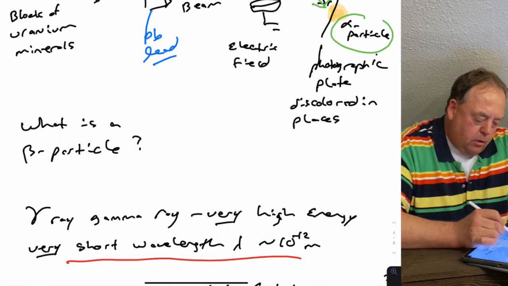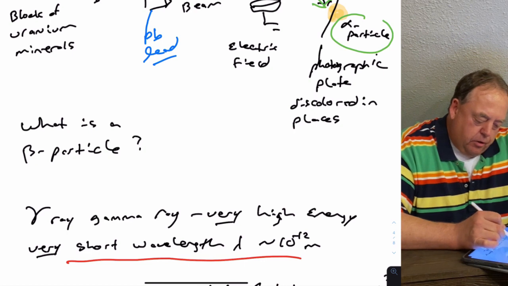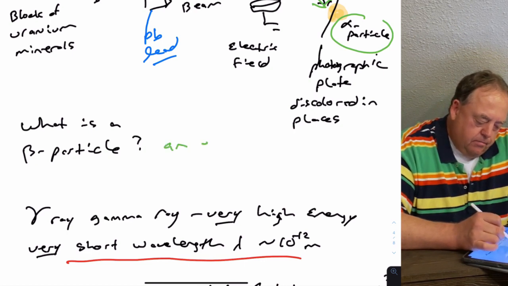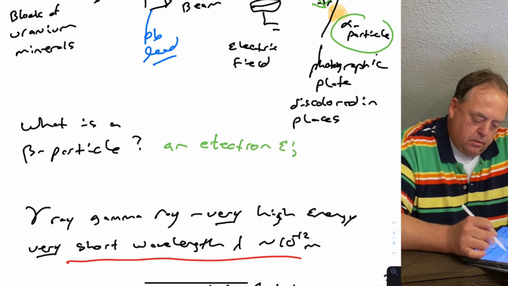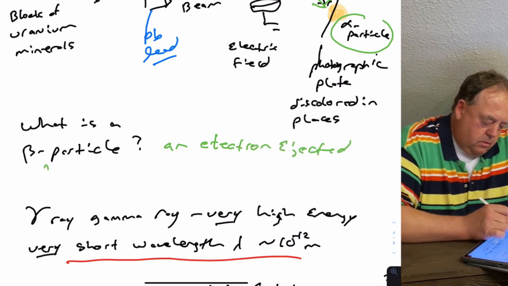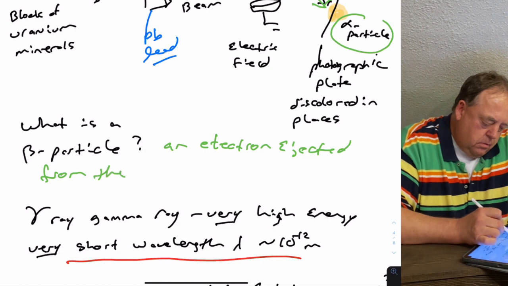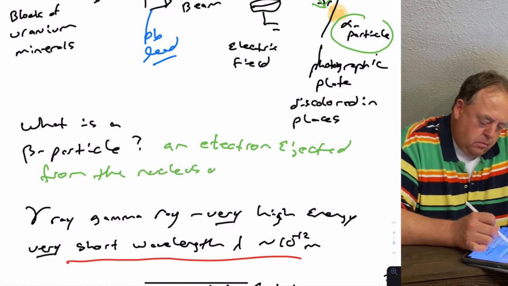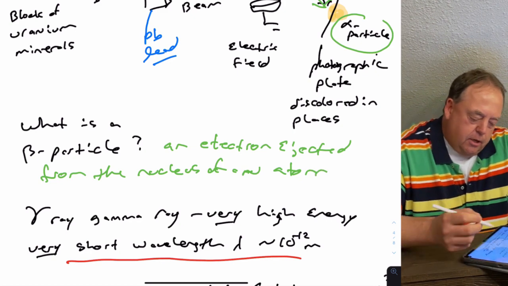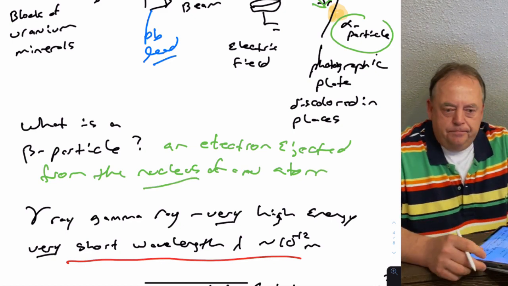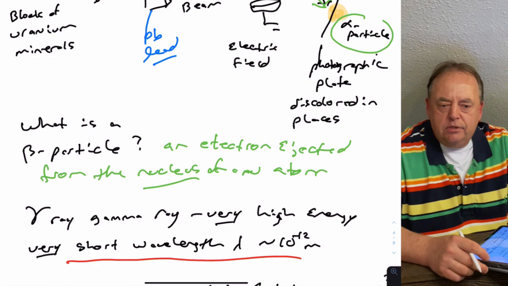Okay, so what is a beta particle? A beta particle is basically an electron. It's an electron ejected from the nucleus of an atom. So what is an electron doing in the nucleus of an atom?